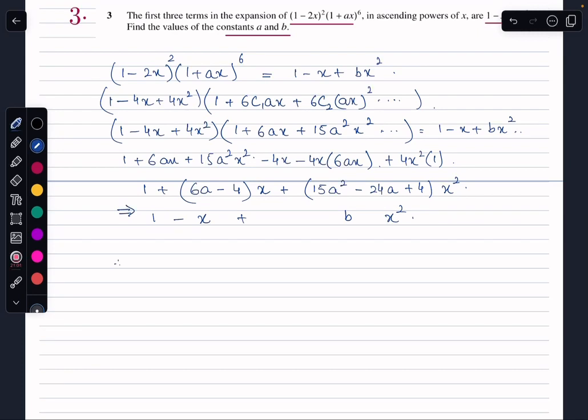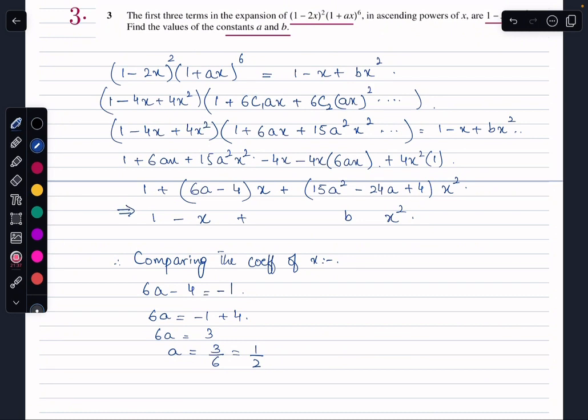Therefore, comparing the coefficients of x, I should say it is 6a minus 4, which is equal to negative 1, or it's 6a, which shall be equal to negative 1 plus 4, or it's going to be 6a, which is equal to 3, or I can say a is equal to 3 by 6, or in other words, it's equal to 1 by 2 here.